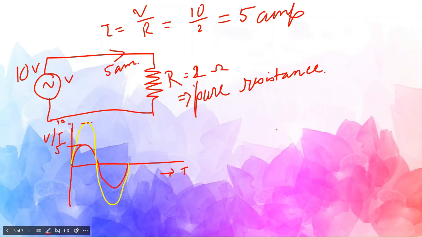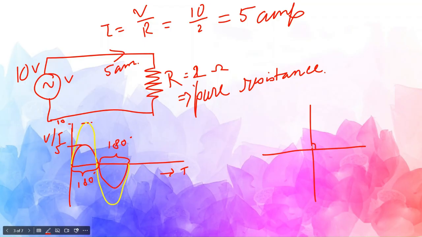Now if we want to draw a phasor diagram of this, how will it look? I think we all know that this portion is 180 degrees, and again this portion is another 180 degrees, so this constitutes a total of 360 degrees.